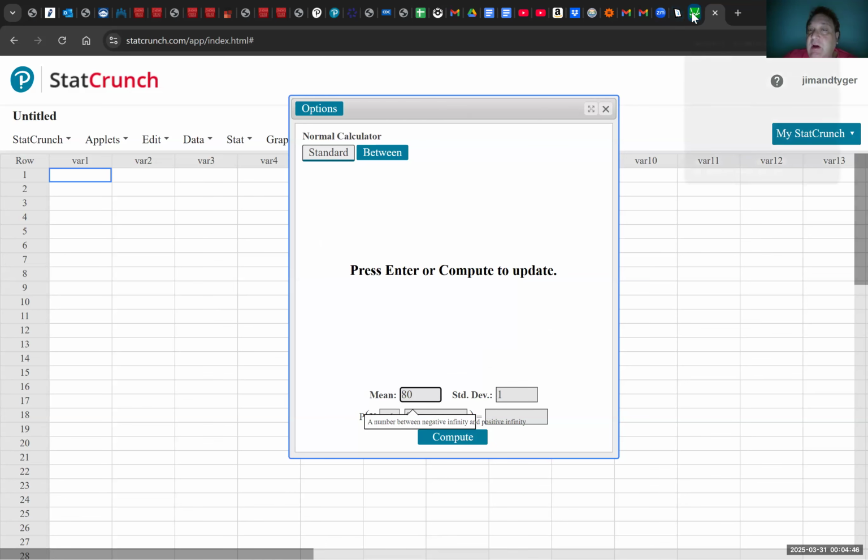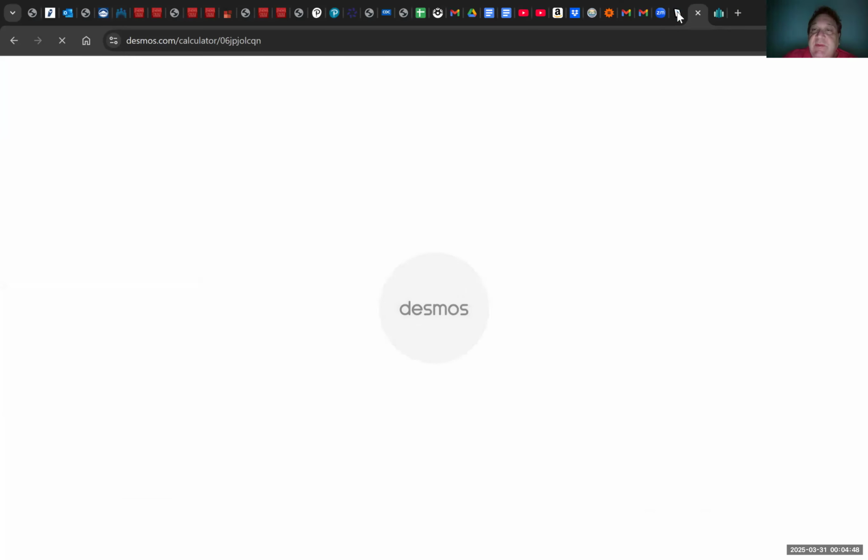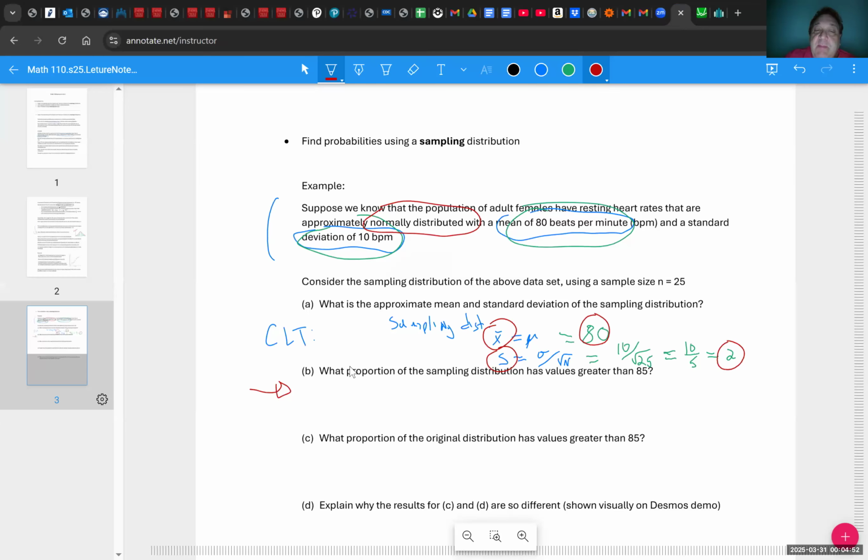And just to recall, the original distribution had a standard deviation of 10, but we are looking at the sampling distribution. The sampling distribution has a standard deviation of 2, right? So it's not the same as the original standard deviation. It's a smaller standard deviation.